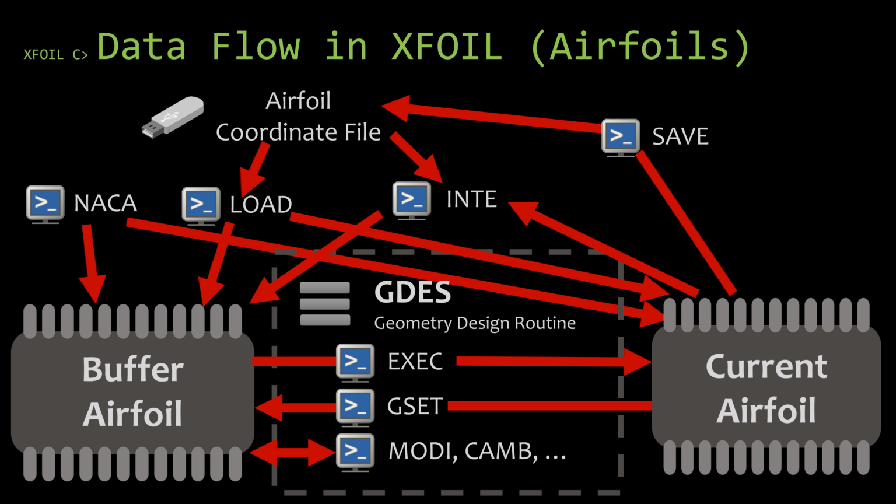That's what some of these commands do. The four commands you see there, NACA, LOAD, INTE, and SAVE, are all on the top level menu, and are used when you are dealing with the airfoil saved in local memory.